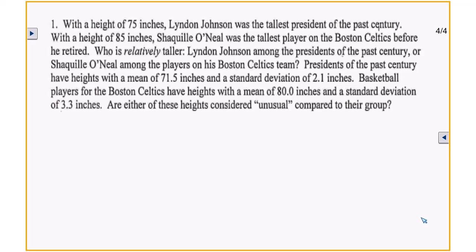In here, there's two groups. Somebody tell me what the two groups are. Male and female. So who is relatively taller in this group? In this case, it's not male and female. It's presidents against what?